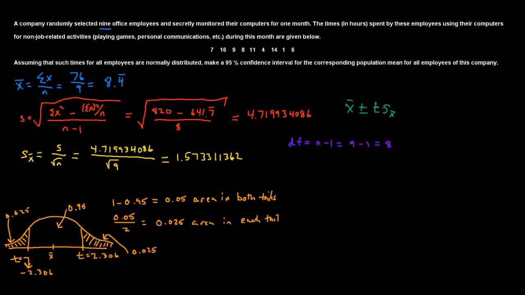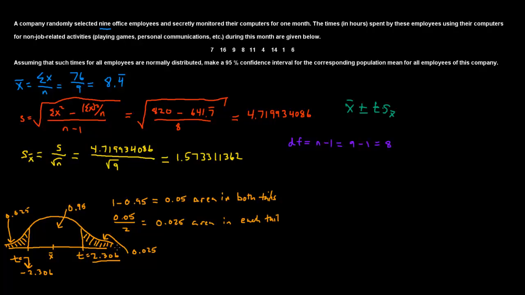But we're concerned about the positive one here, because we always use the positive in our confidence interval expression. You want to find the margin of error by multiplying these two terms, and you want the margin of error to be a positive number. So that's the t value you want. It's 2.306.